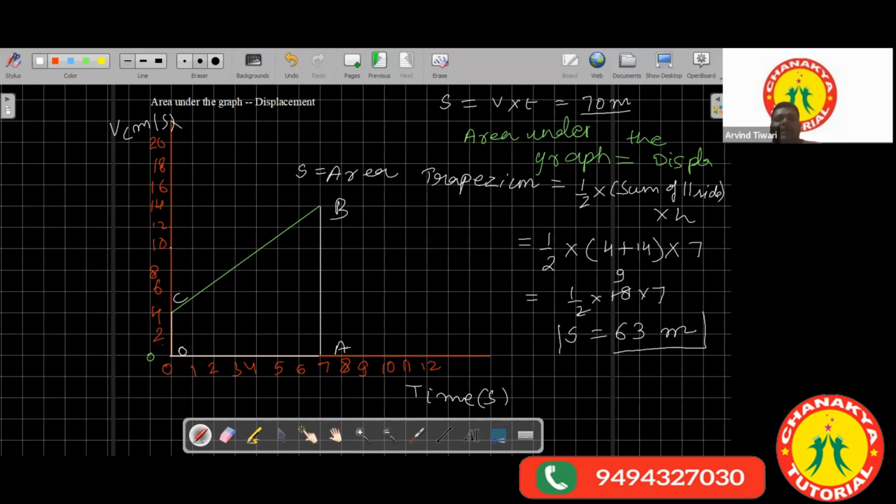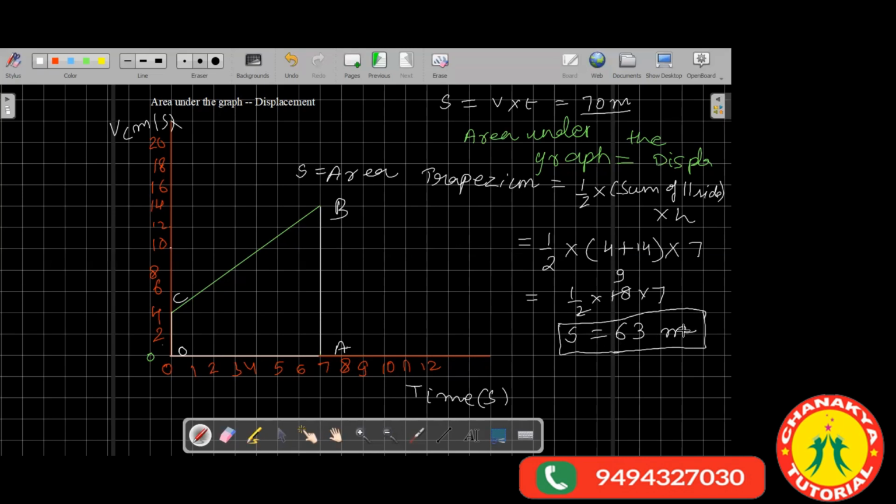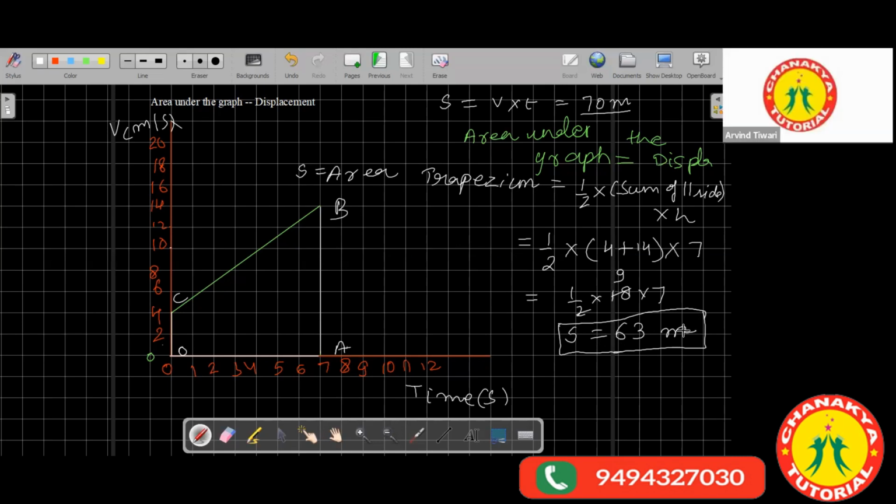Is there any way that we can verify this? We can use the second equation of motion and find the acceleration. All of you try to use the second equation of motion for the same question, where the information is given graphically, find the displacement and verify that you get the same answer. The formula is S equals ut plus 1 by 2 at squared.